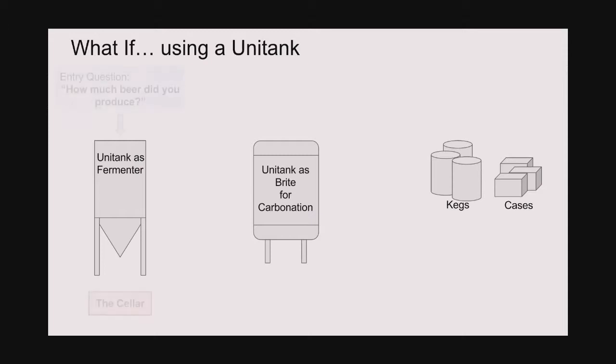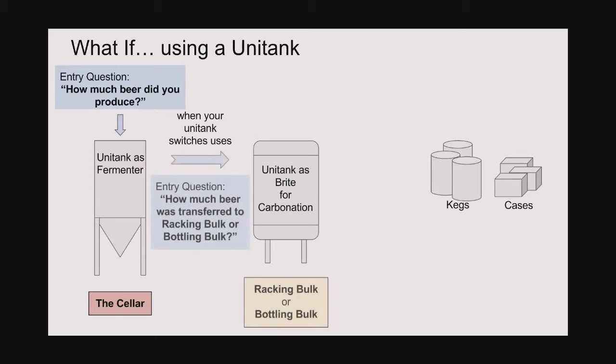Your unitank serves as both a fermenter and a bulk tank. So when you answer the question how much beer did you produce, this inventory goes directly into your cellar. And then when your unitank switches uses from a fermenter into a bulk tank, you answer the question how much beer was transferred into racking bulk or bottling bulk.